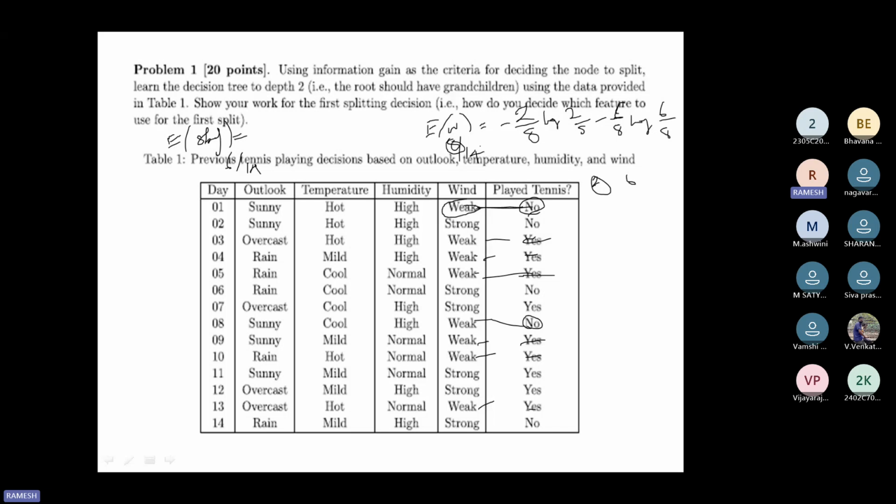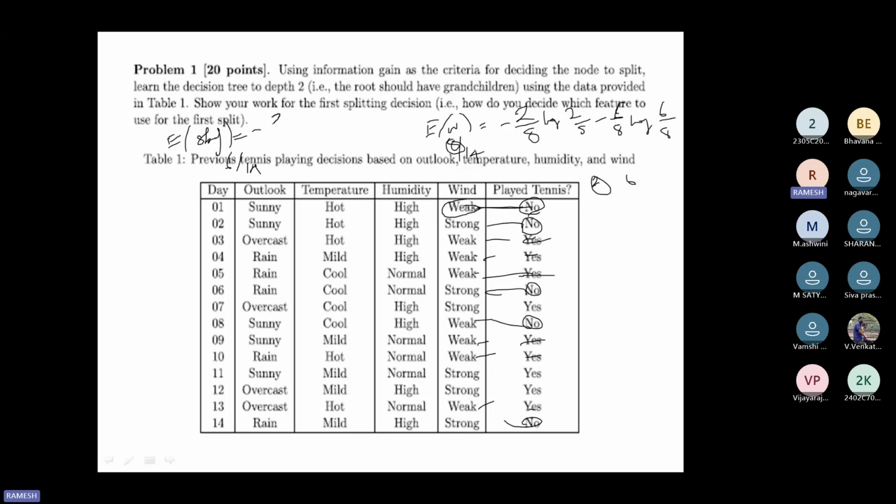That should be added. Now the entropy of strong we will calculate. How many strongs are there? 6. When it is strong, what is the value? No. Strong, no. Strong, no, 2. Strong, no, 3. So it is 3 by 3.